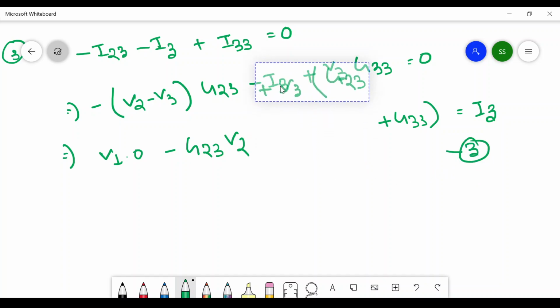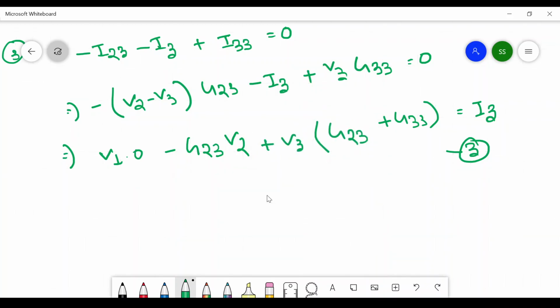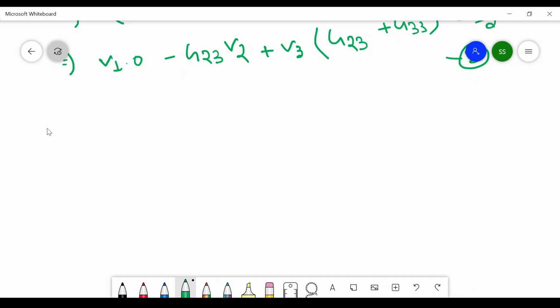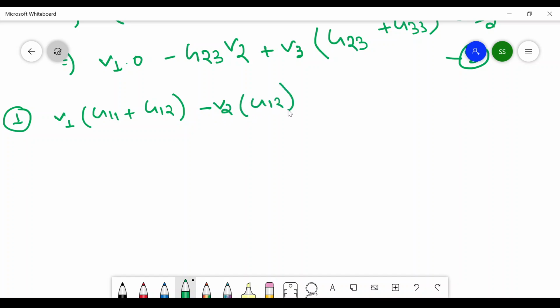Let us write all three equations side by side. Equation 1: V1 into G11 plus G12, minus V2 G12, equals I1.